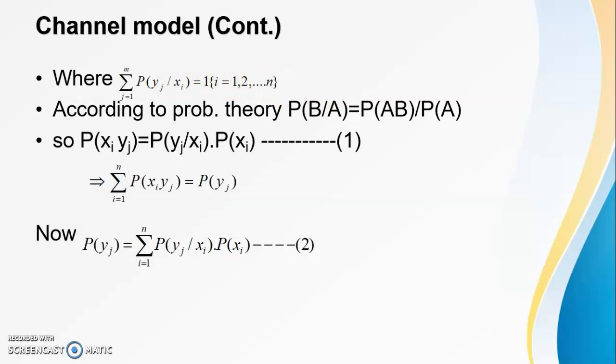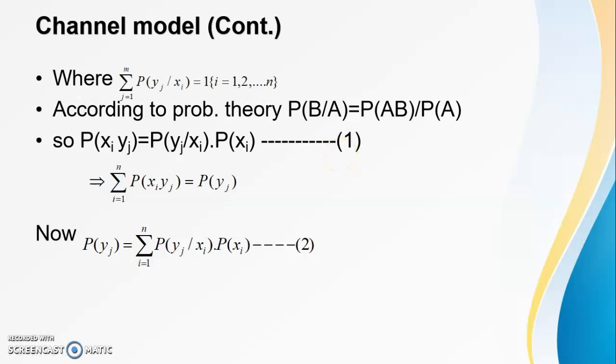With the help of probability theory, we know that P(B/A) equals P(AB)/P(A), where P(AB) is the joint probability. So we can write P(xi, yj) equals P(yj/xi) into P(xi). We name this equation 1.